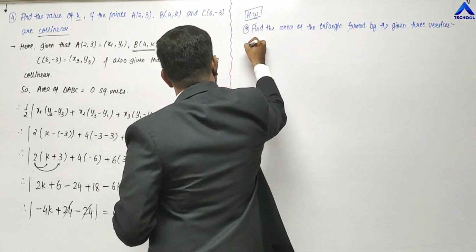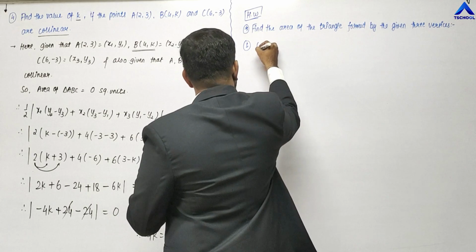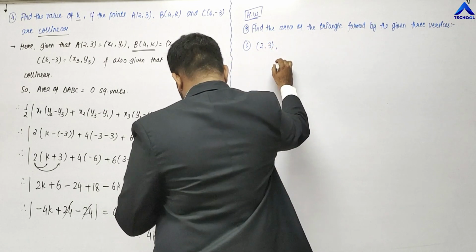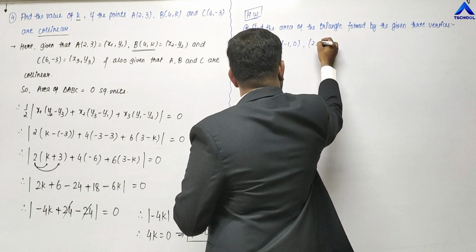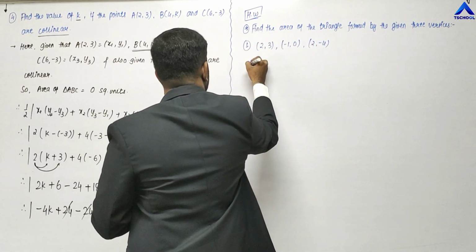The first one, that is (2, 3), (-1, 0) and (2, -4).